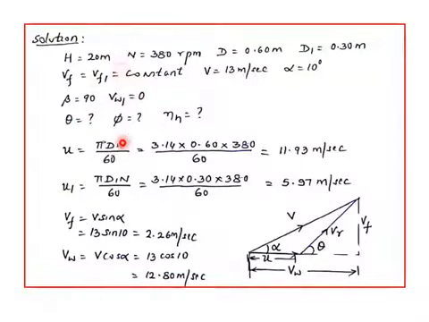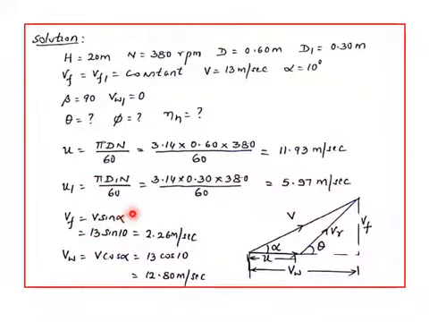Now knowing D and N, we can find u and u1. u is pi DN by 60, which is 3.14 times 0.6 times 380 divided by 60, which comes to 11.93 meters per second. Similarly, the velocity at the outlet u1 is pi D1 N by 60, which is 3.14 times 0.3 times 380 by 60, which comes to 5.97 meters per second.